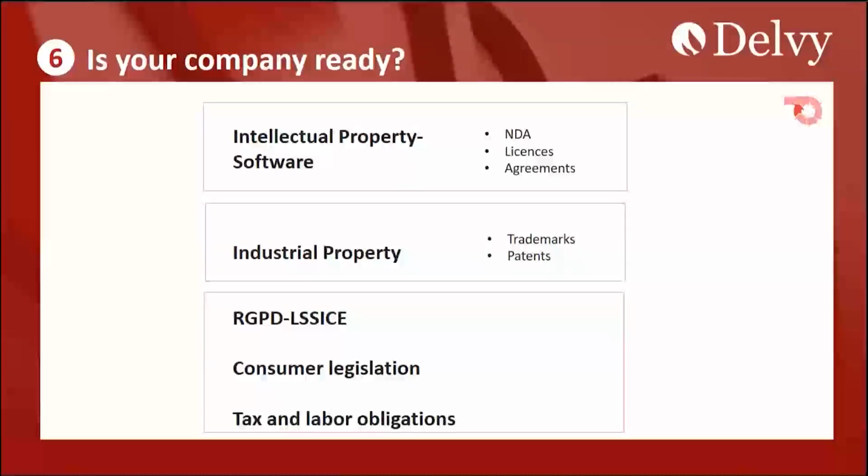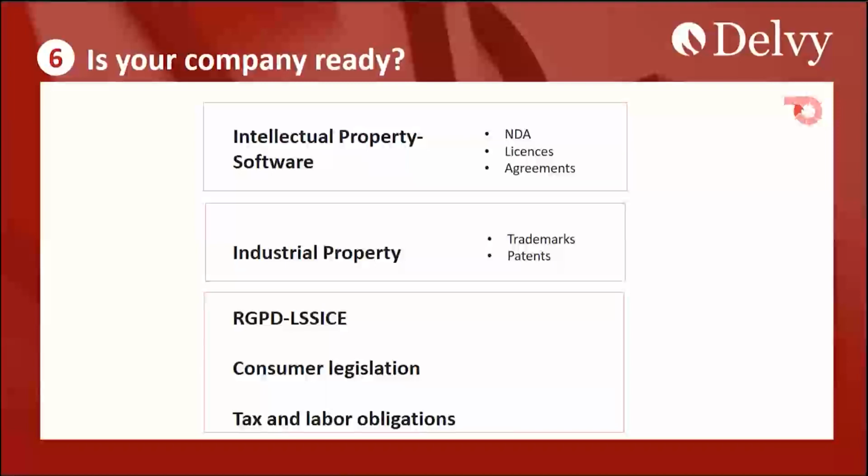Is all the IP secured? Is it owned by the company? Have we signed NDAs with the people working on the development? Do we have licensing agreements? Do we have the IP transfer of the software to us if the development of the applications was made through a third party? Do we have the trademarks or patents registered?